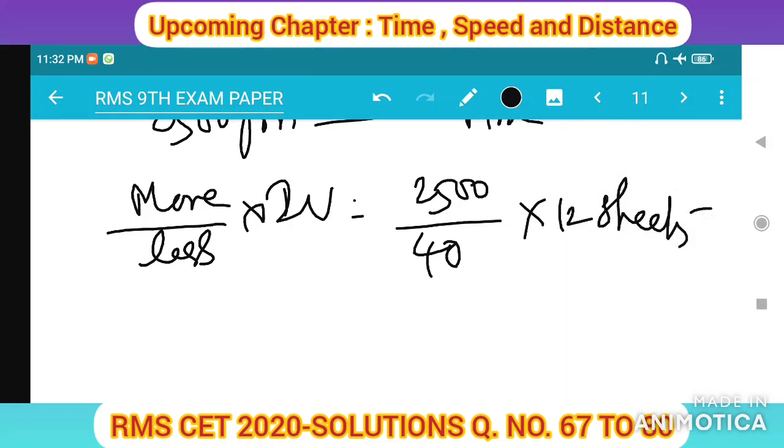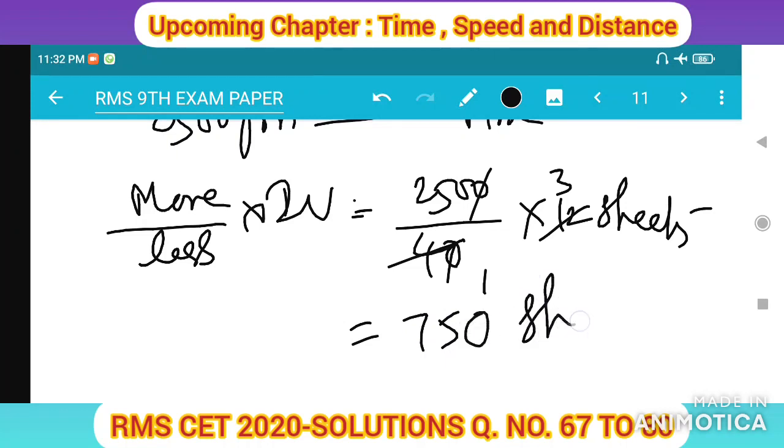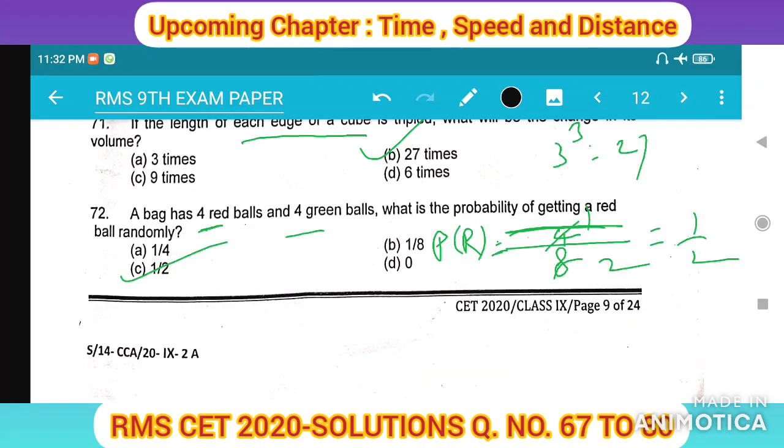See, this 0 gets cancelled. 4 1s are 4, 4 3s are 12, so 25 3s are 75, and 1 zero is here, so 750. This is the required answer.